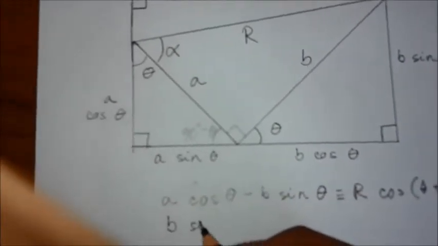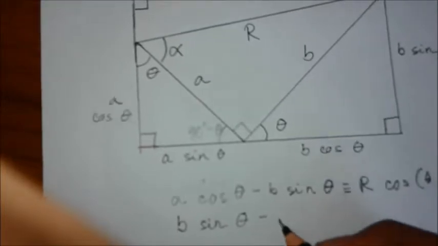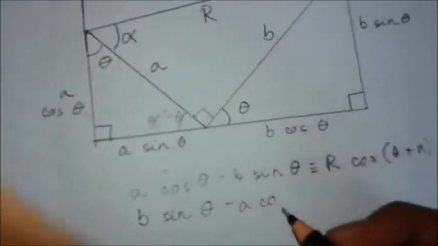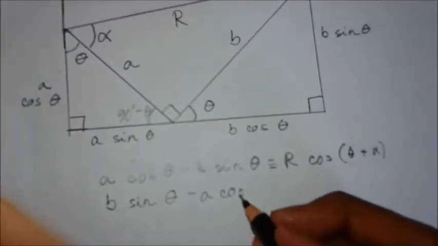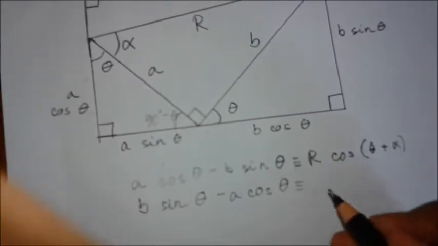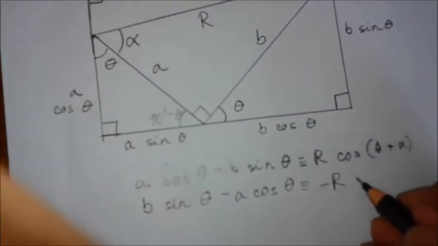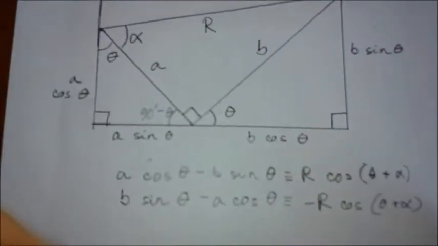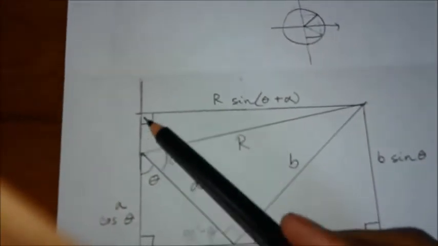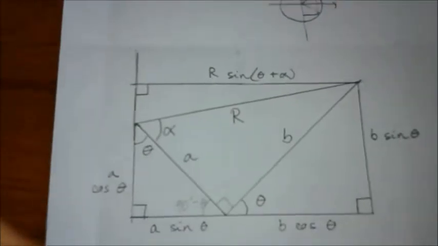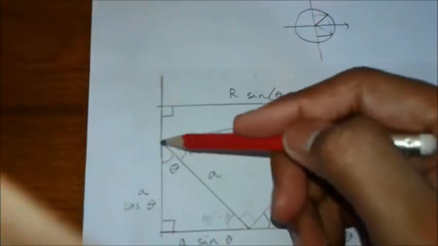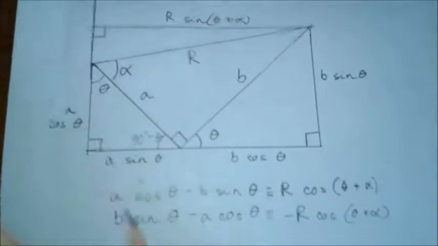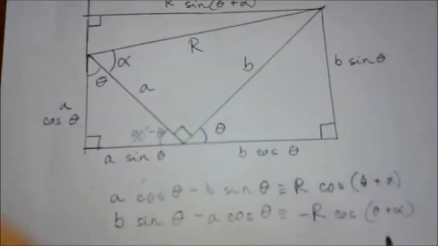So b sine of theta minus a cos theta can be written as minus r cos theta plus alpha. And by similar reasoning, you can say that this side equals r cos theta plus alpha, but over here it's minus r cos theta plus alpha.